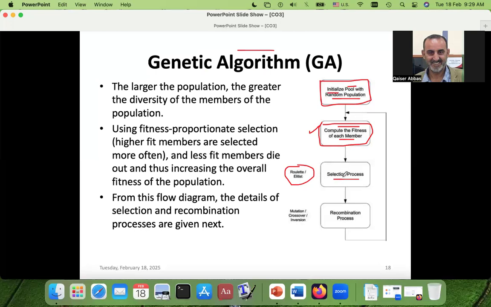And when those members are selected, these two members will be allowed to do this recombination process, which has mutation, crossover, and inversion in it. And after that, a new child will be born, and then it will become part of that population again.